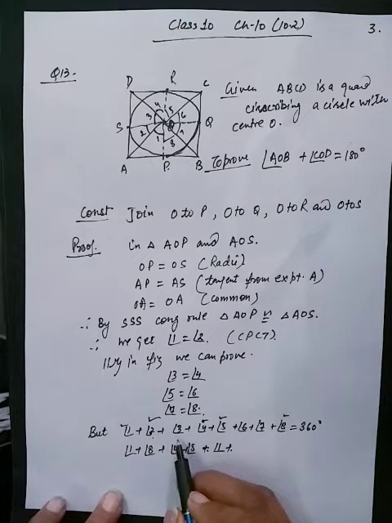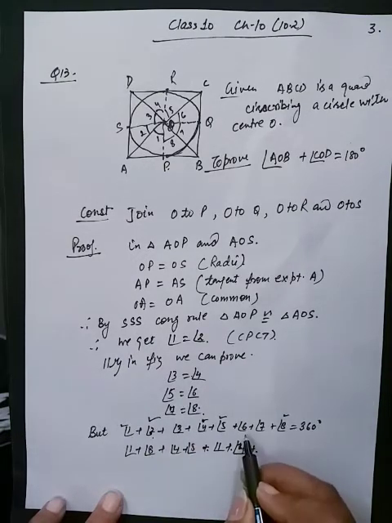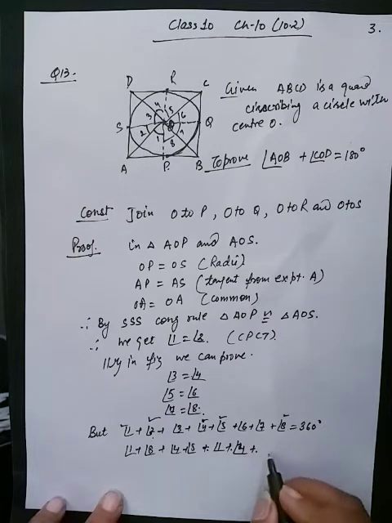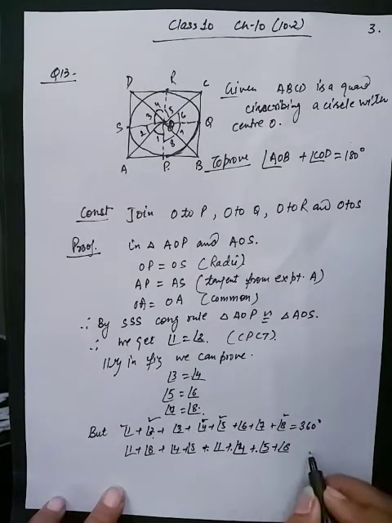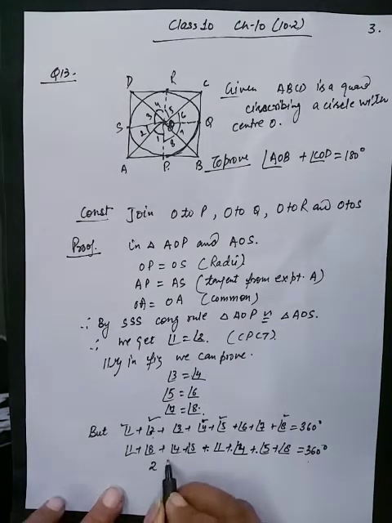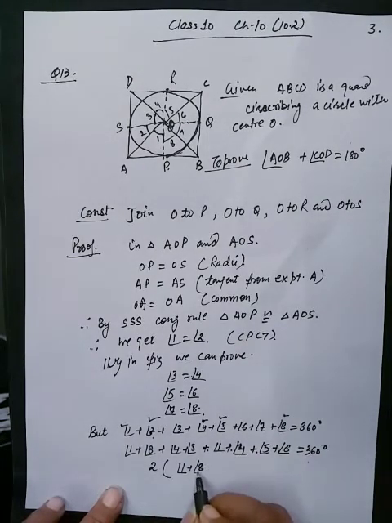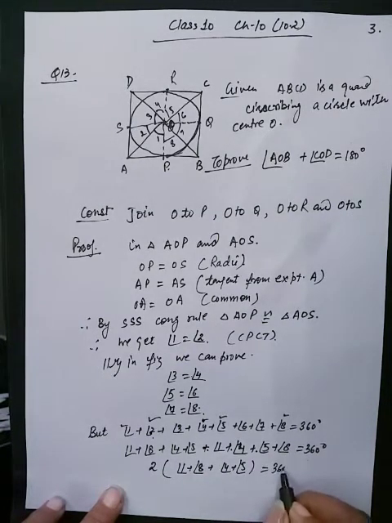And angle 3 can be written as angle 4. And angle 6 can be written as angle 5. And angle 7 can be written as angle 8. So we get 2 into angle 1 plus 8 plus 4 plus 5 is equal to 360 degree.